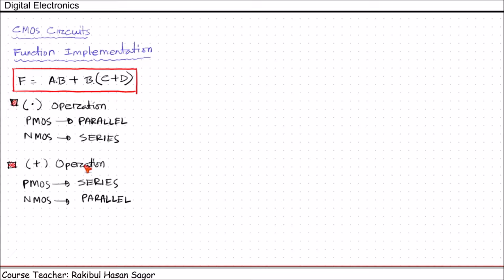If we have OR operation, PMOSes are connected in series, NMOSes are connected in parallel. If we apply this, we'll get the function in complemented form. From our previous section, we saw that. That means if we have A plus B, and if we apply this rule, we get (A plus B) whole prime.